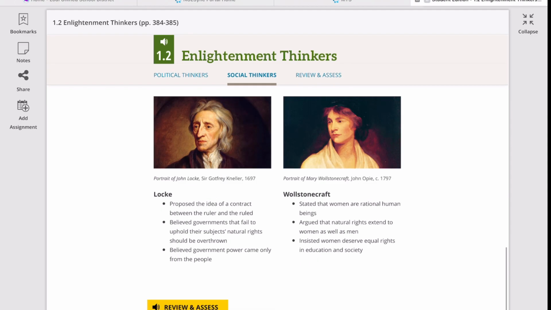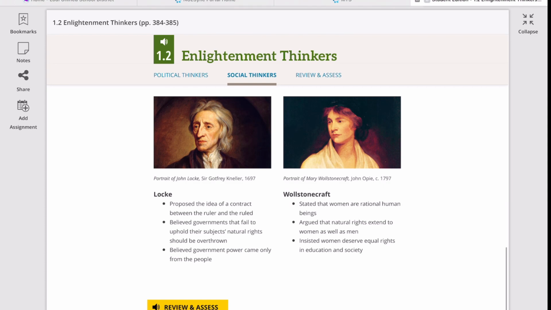We also have John Locke. He proposed the idea of a contract between the ruler and the ruled, the government and the people. He believed governments that failed to uphold their subjects' natural rights should be overthrown. He also believed that government power came only from the people. And finally, we have Wollstonecraft.